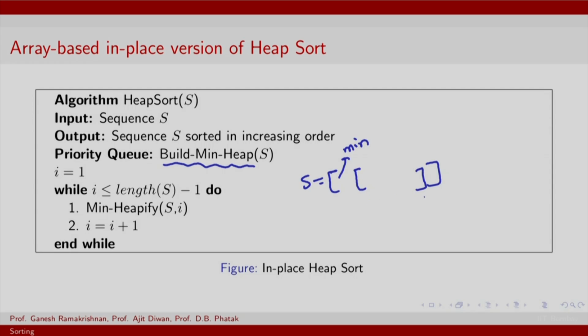We are not building a min heap from scratch because we know that to a large extent the heap structure is satisfied. It is only about where to push this new element at the top, and retain the heap structure at each of its children and correct at the child at which some violation might take place. So this is the min heapify which needs to be invoked on this remaining subarray. This you keep doing till you hit the length of the array S.